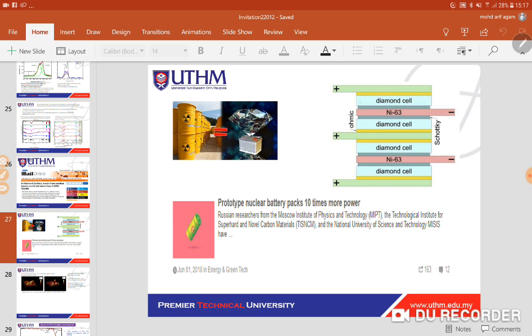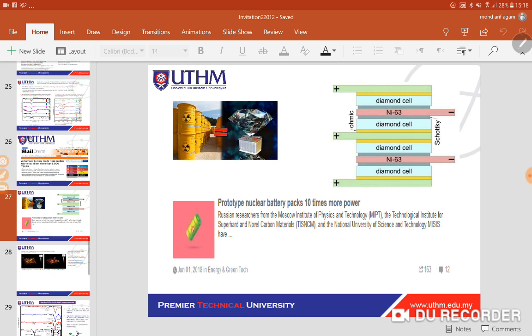This is the structure, meaning that if we can coat our radioactive materials with the diamond cell that we fabricated with laser irradiation of polystyrene, we can create this battery in the future. That is our future work.